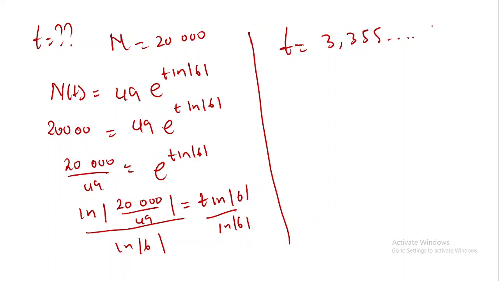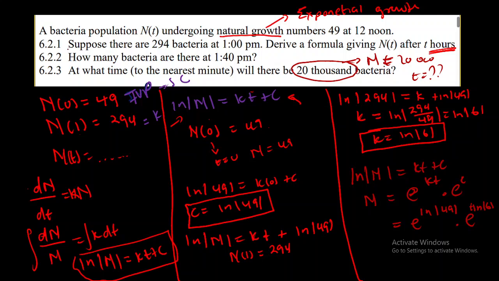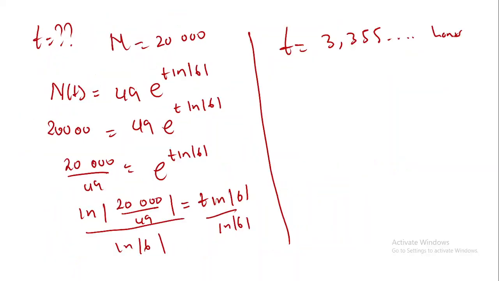3555 hours. And from the question they said at what time, to the nearest minute, will there be 20,000 bacteria. So it means we need to convert this 3.3555 hours to minutes. How can we convert this?